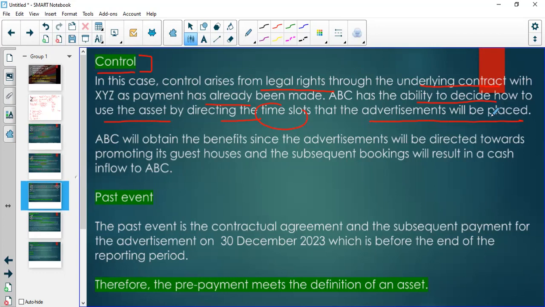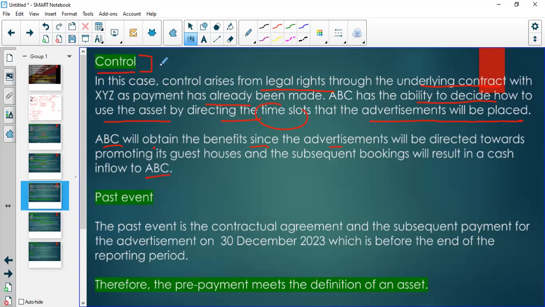All right. So then once it does that, ABC will obtain the benefits, because the advertisement will obviously be in the name of ABC, like book with ABC, the best, and people will have to book with ABC.